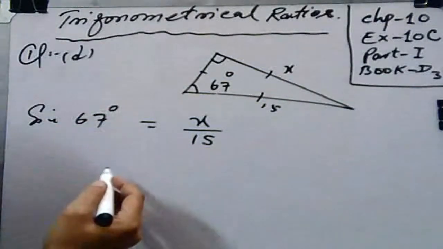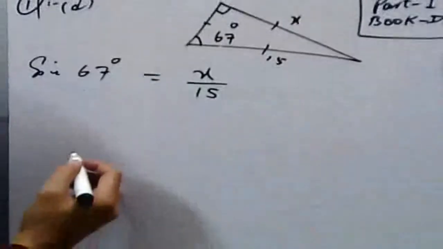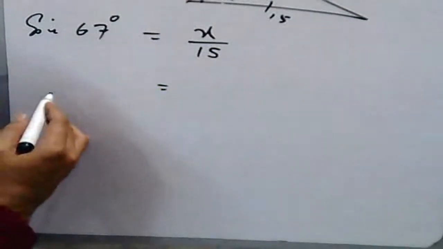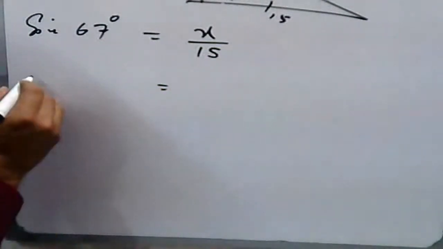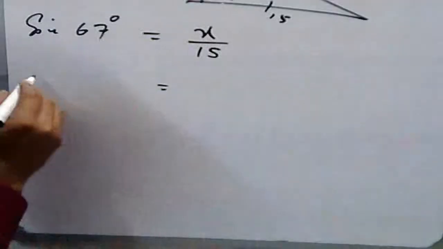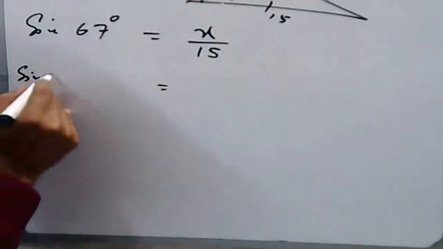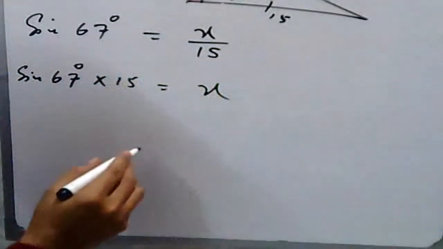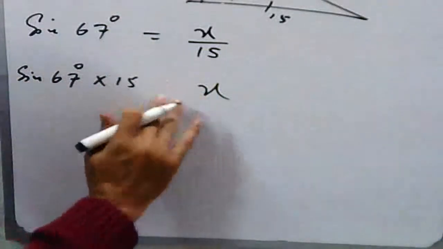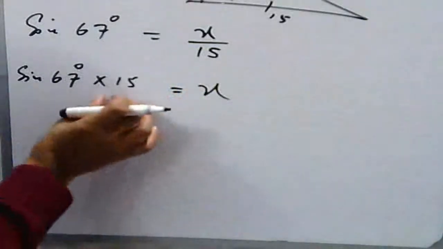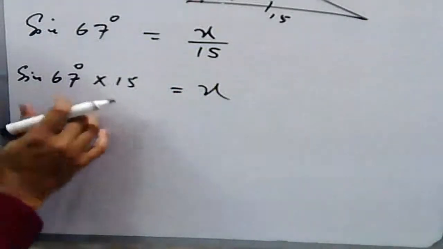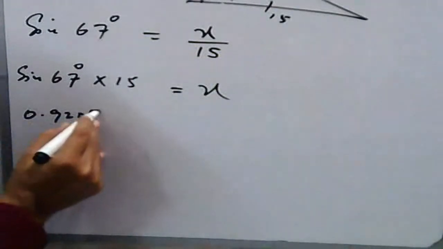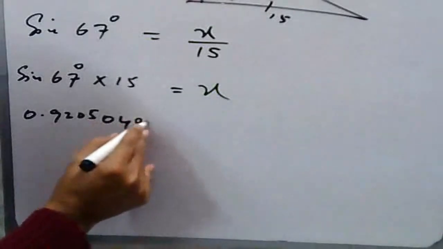So find the value, what is sine 67. We need the value of x, so you can write sine 67 degree multiplied by 15 by using cross multiplication. Here is the value of x. So you have to find the value of x only. To find sine 67 with the help of calculator, you can get 0.920504853 multiplied by 15 is equal to x.